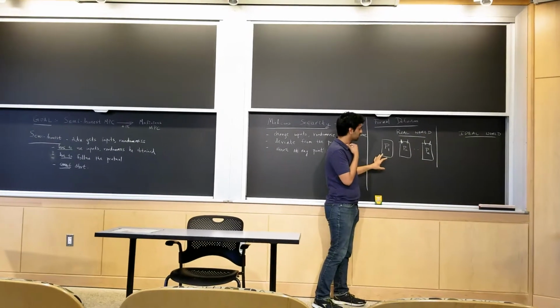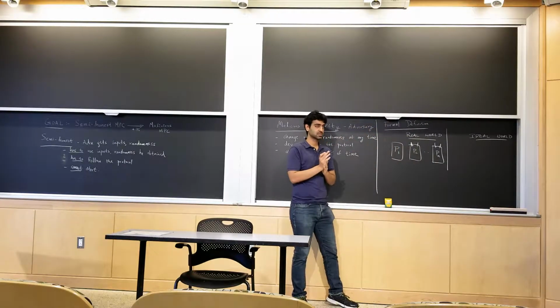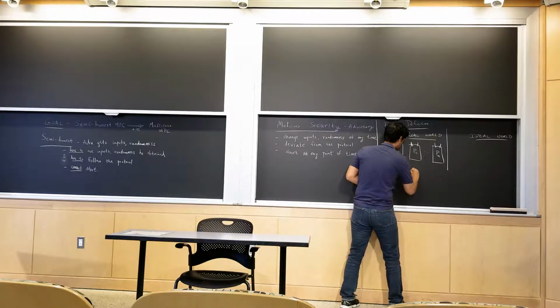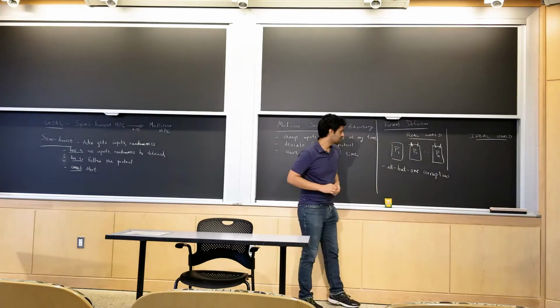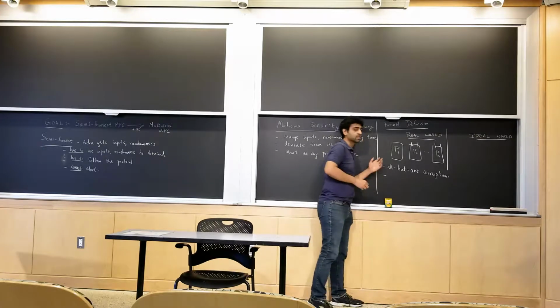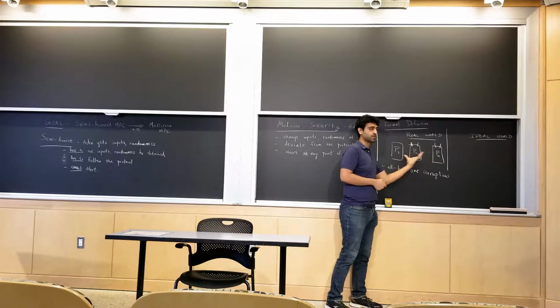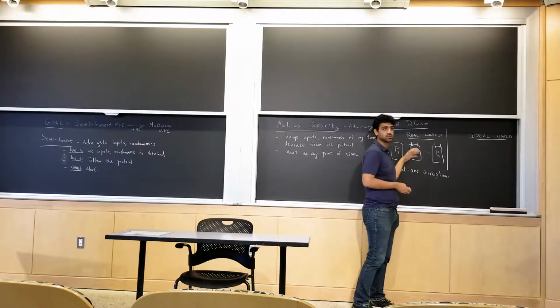In one model, the adversary can corrupt every party except one party. This is called all but one corruptions. And there are also other weaker models, where the adversary can corrupt less than half of the number of parties. In other words, we have honest majority.